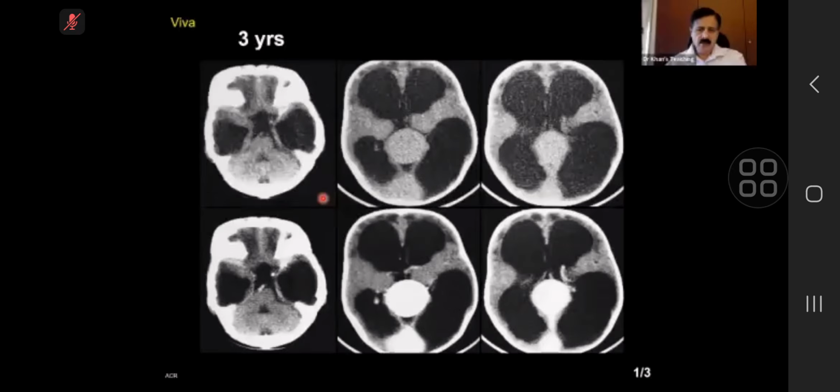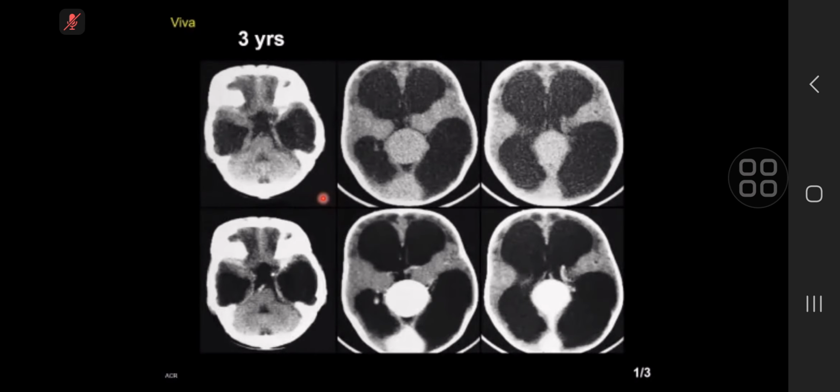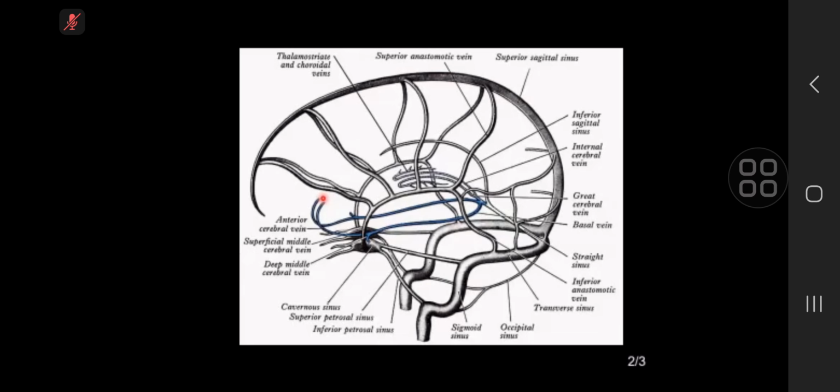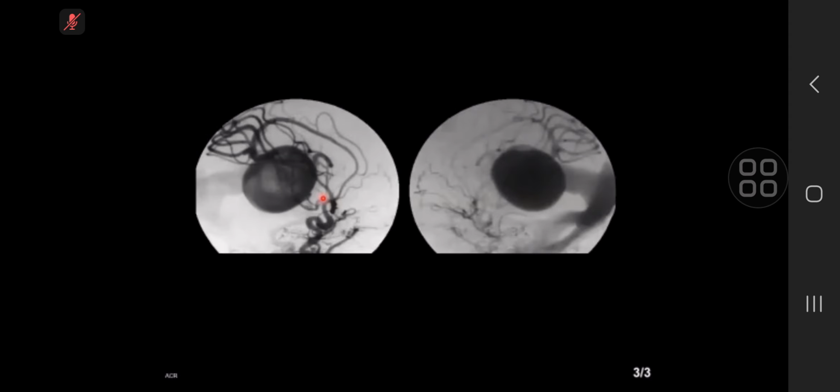Okay. I would probably confirm this by doing a catheter angiogram. So selected catheter angiogram through the posterior cerebral circulation confirms a large aneurysmal structure of the vein of Galen, which is massively dilated.